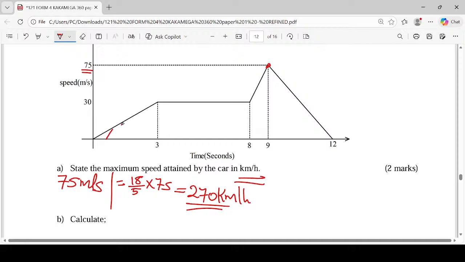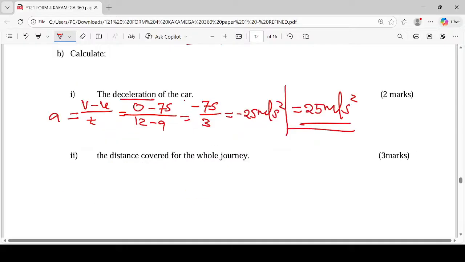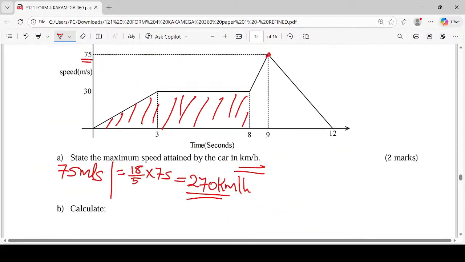If I shade this part, it is the first trapezium. You can calculate its area. Remember, area of a trapezium is a half into (A plus B) H. So we are going to have a half into (A plus B) H. A and B are the parallel lines.